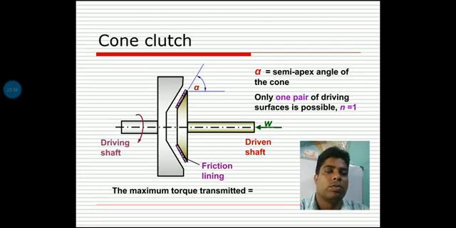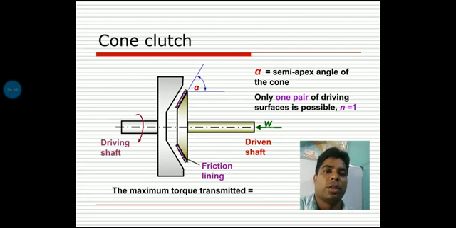So if you see the figure on the left hand side, when the load W is applied on the driven shaft, a certain angle is created at the lowermost portion of the driving shaft. That means in the total transmission, the applied friction lining will be in inclined shape, inclined to the horizontal. That angle created is alpha.